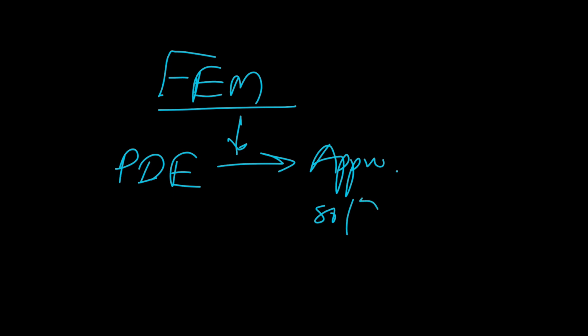So we are going from complex to simple. We are dealing with complex partial differential equations, applying this FEM system, and getting the approximate solution at each node. That is nothing but FEM. FEM is the numerical method which gives approximate solutions from complex PDEs.